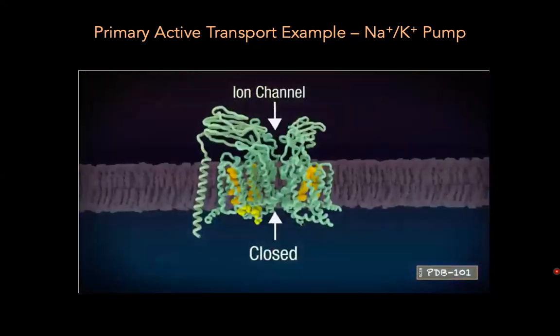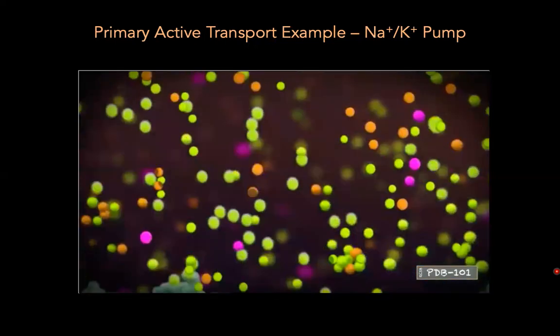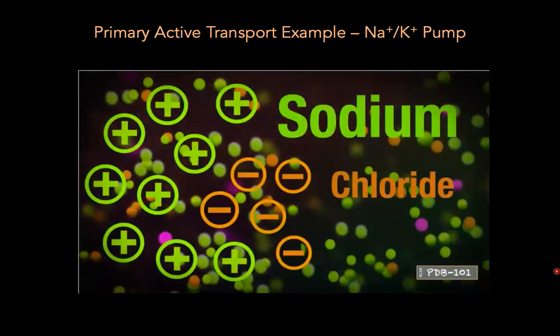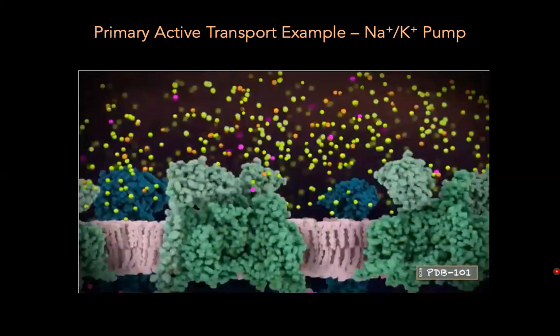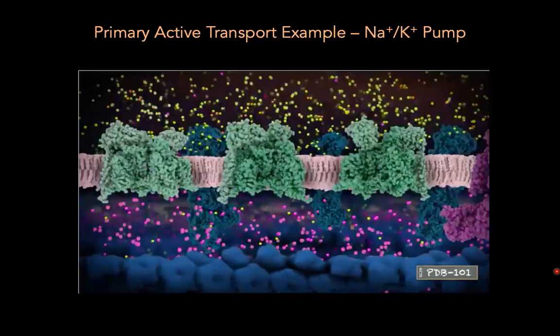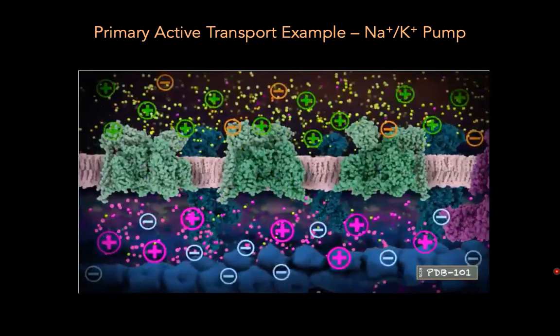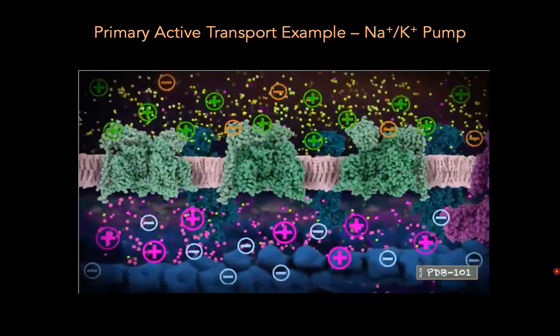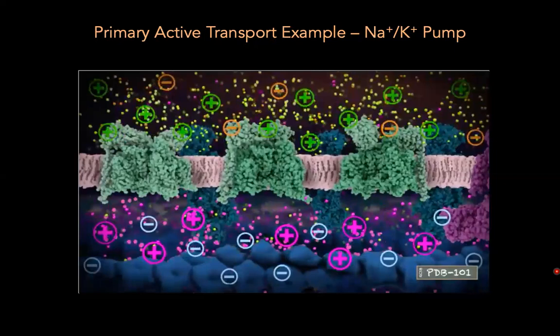When a neuron is at rest, its ion channels are closed, and the overall concentrations of ions and proteins create a higher potential on the outside and a lower potential on the inside. This state is referred to as resting potential, and the membrane is said to be polarized.